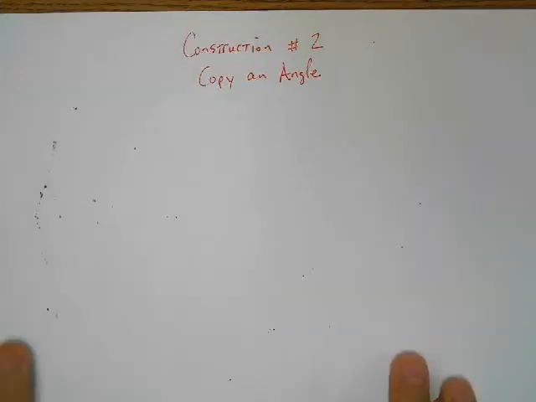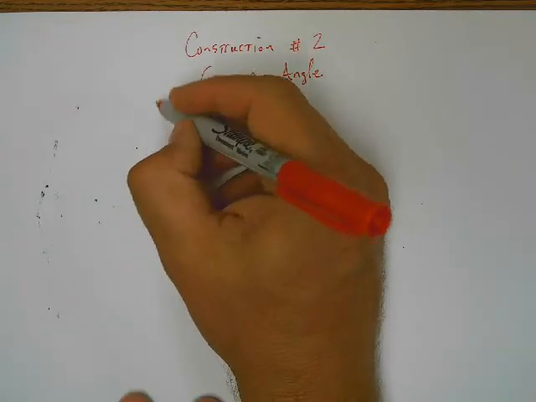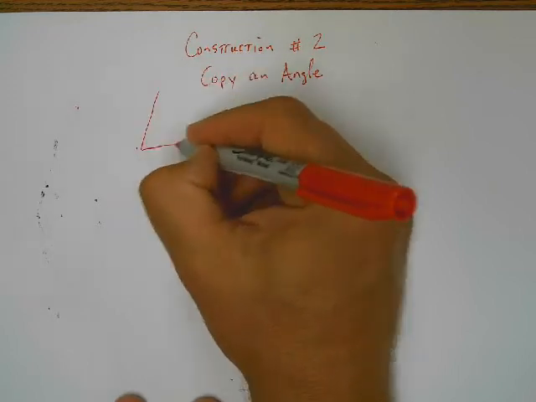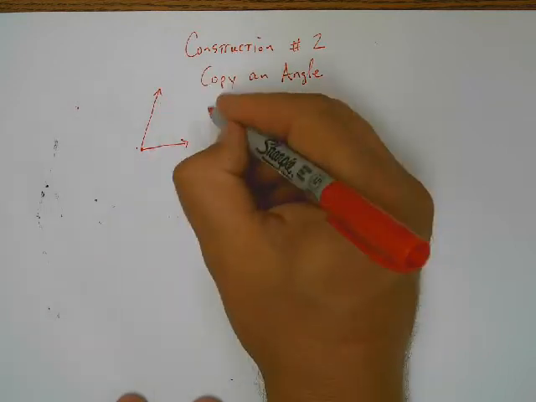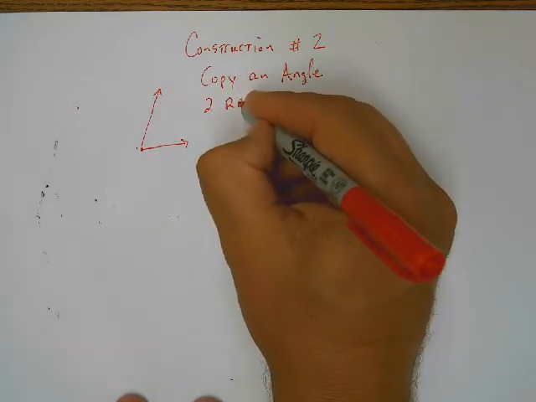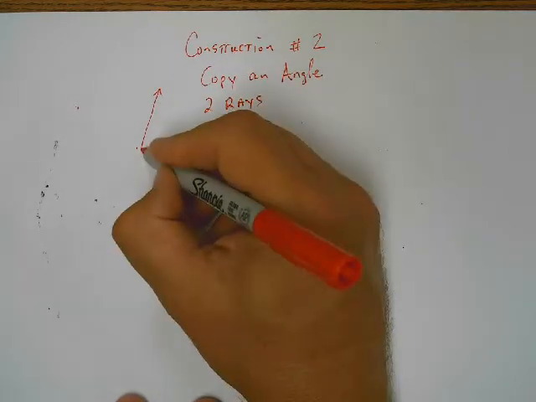Before we do the actual mechanical steps of copying an angle, we've got to get some terminology. Let's take a look at a random angle here. It's made up of 2 rays. Does everybody see the ray? Here's the end point.